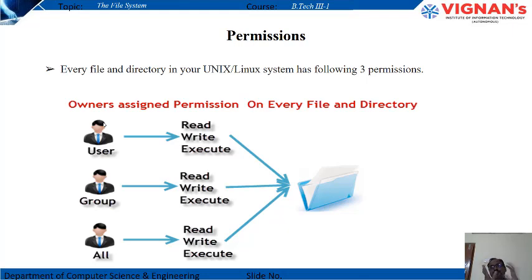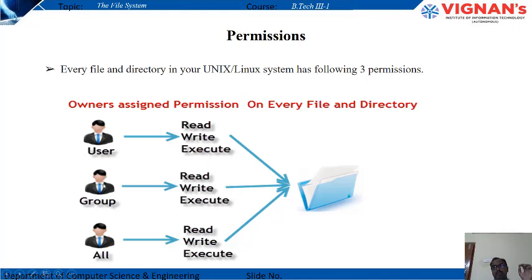Every file and directory in your Unix operating system has the following three permissions. Just look at the diagram here. First of all, we have the owner, sorry, user. He can have permissions of read, write, and execute.